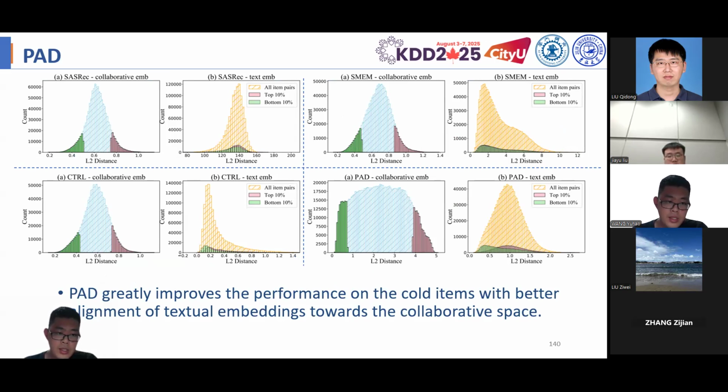We can see that compared with the other three methods, PAD succeeds in learning a generally larger textual distance for those item pairs with top collaborative distance, and a smaller textual distance for those with bottom collaborative distance. Therefore, we can conclude that PAD greatly improves performance on the cold items with better alignment of textual embeddings towards the collaborative space.